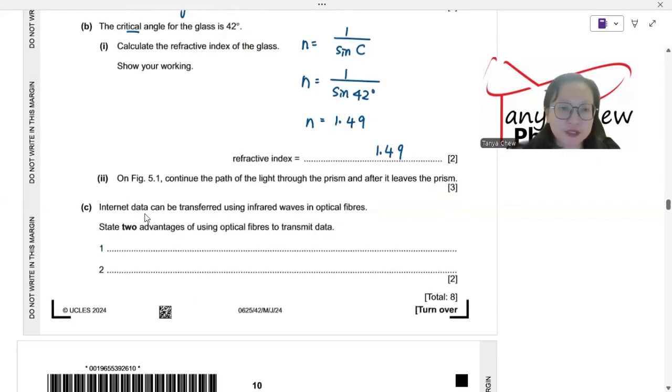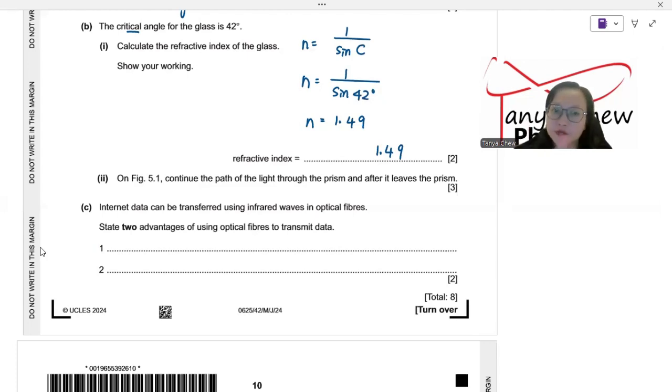Now, the next one. Internet data can be transferred using infrared waves in optical fibers. State two advantages of using optical fibers to transmit data. Optical fibers are actually fibers of pure glass, with a thickness like a strand of your hair. What are the advantages of using optical fiber?